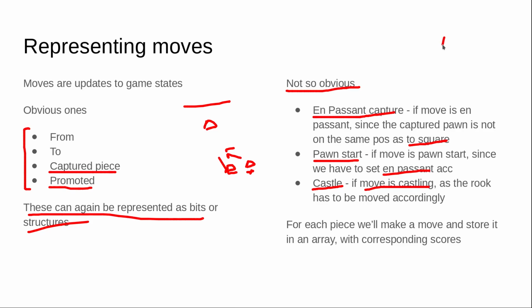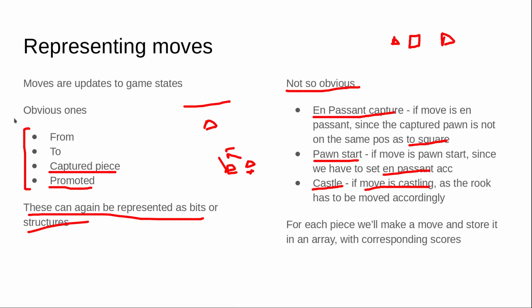If I am moving my king to this square, it is not obvious that the rook has to be moved here in the updated game state. So that's why I have to tell the computer that this move is a castling move, so that it can update your game state accordingly.